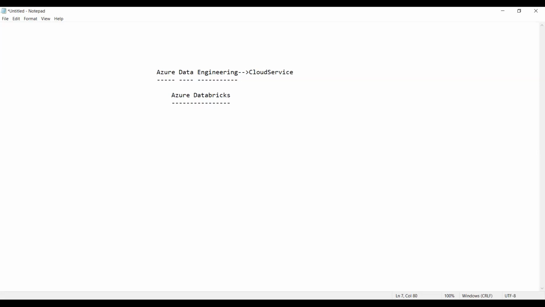A bunch of cloud services which are provided to perform the following tasks. What are those tasks? Let us try to understand. The first one is data migration.